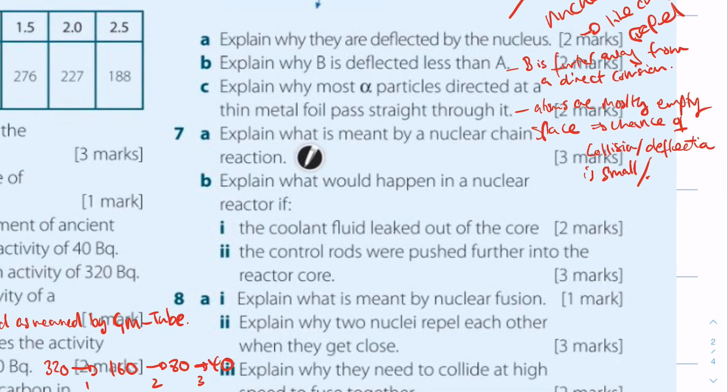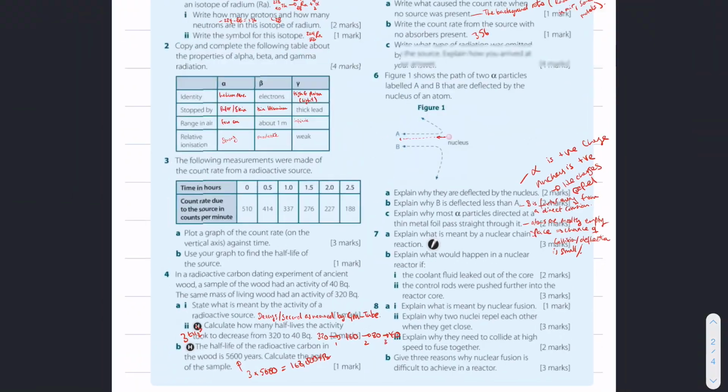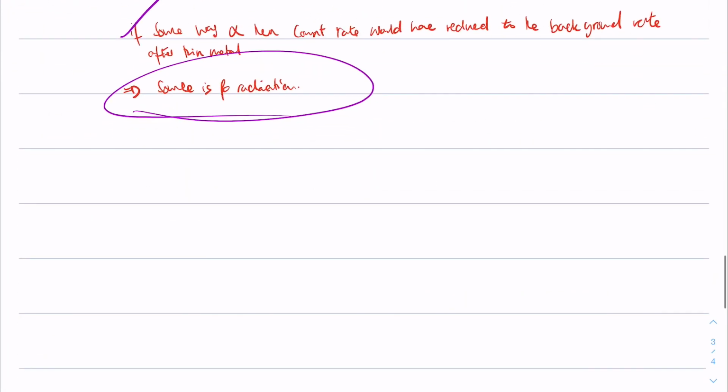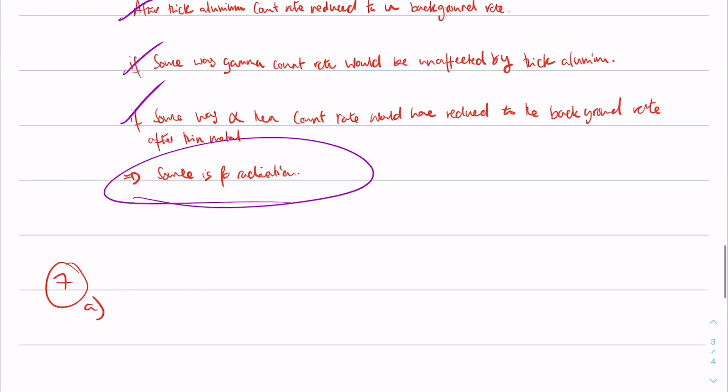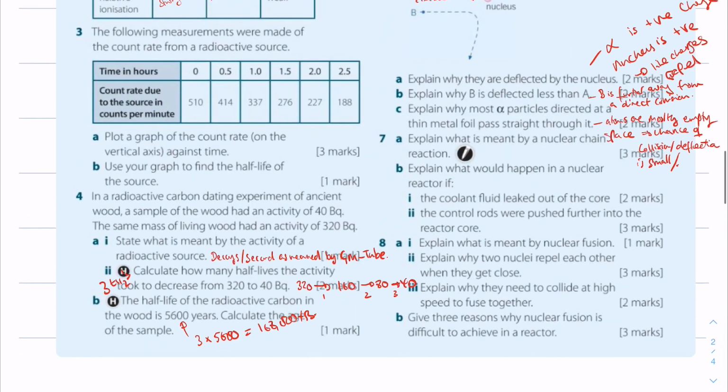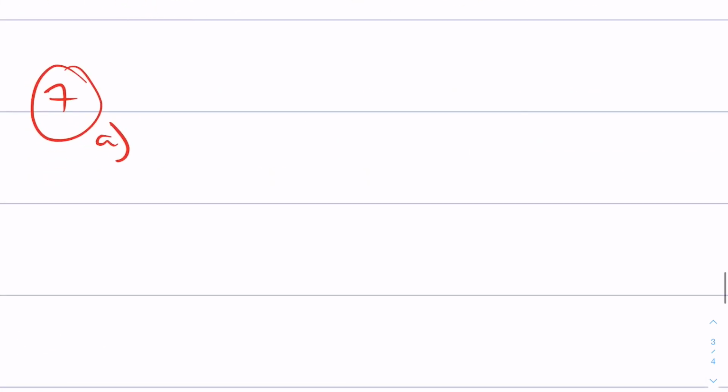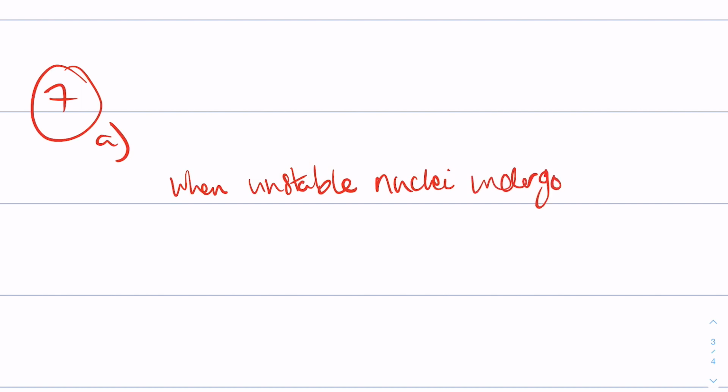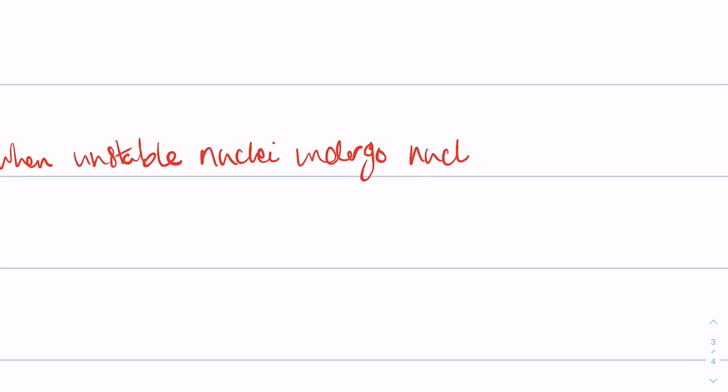7. Explain what is meant by a nuclear chain reaction. 3 marks. Let's write this one out. Okay, explain what is meant by a nuclear chain reaction. You could put when unstable nuclei undergo nuclear fission.